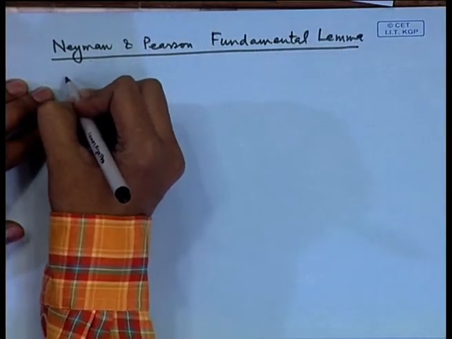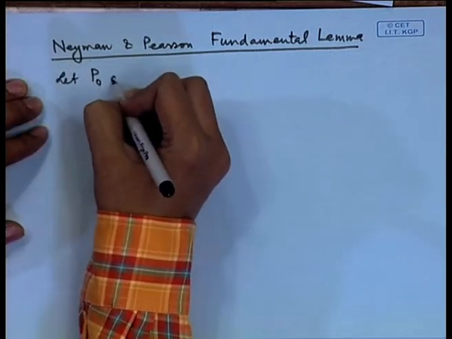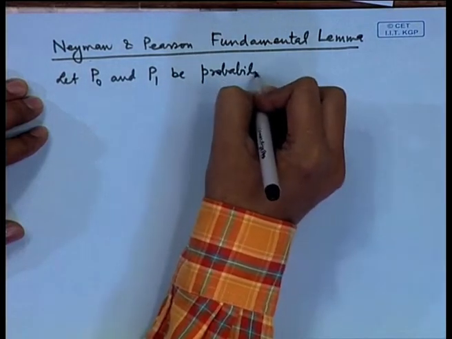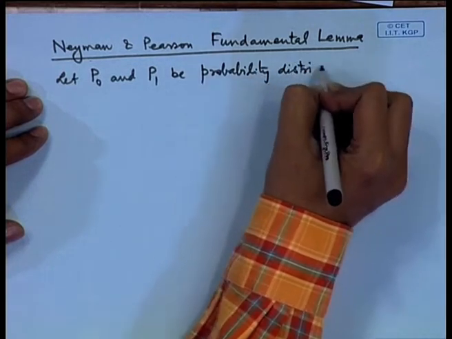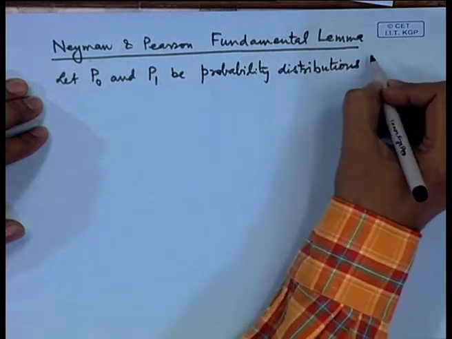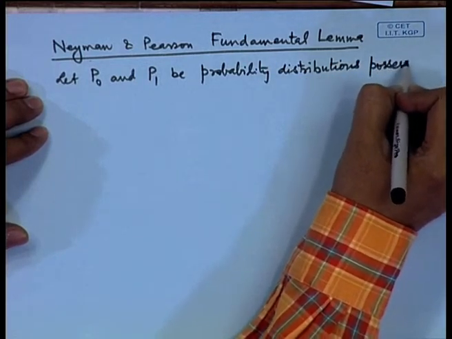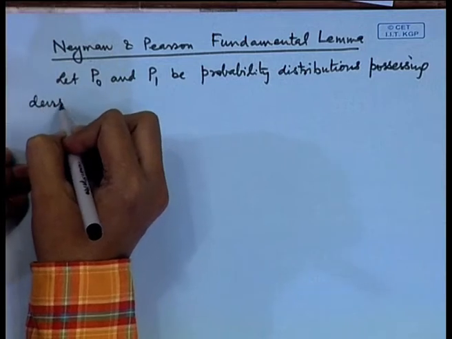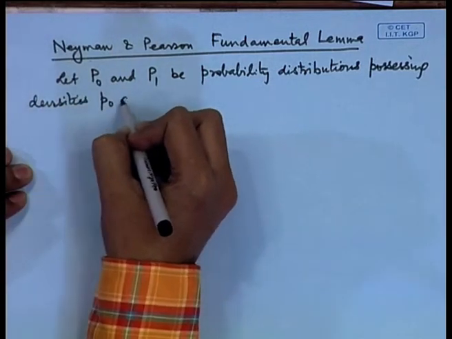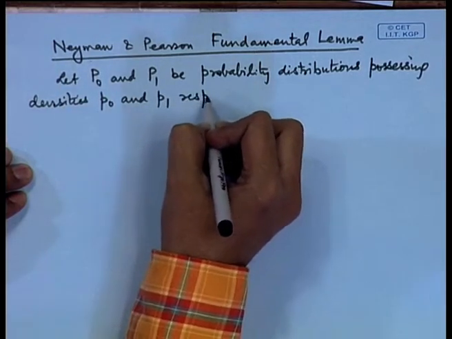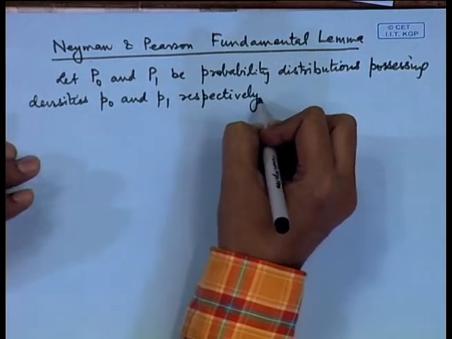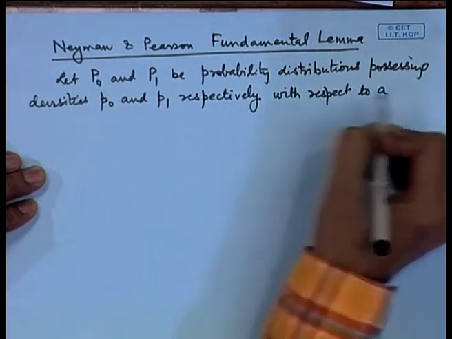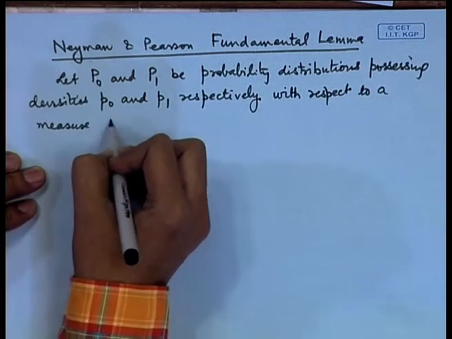So, the theorem is as follows: let P naught and P 1 be probability distributions possessing densities p naught and p 1 respectively with respect to a measure mu.